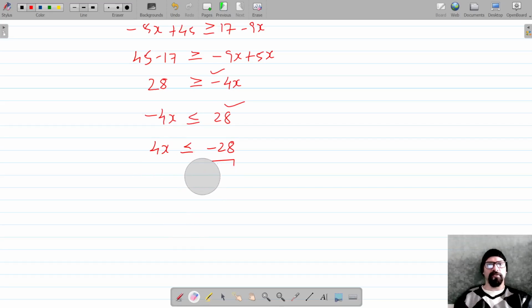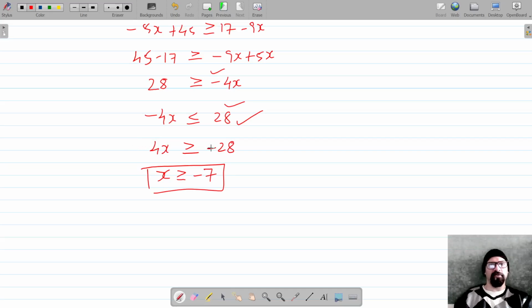I didn't change the sign at first; if I multiply with negative, the sign of inequality changes. So when we multiply both sides with negative, this sign changes. I multiplied minus 4x with negative and this with negative, so this is now x is greater than or equal to -7.